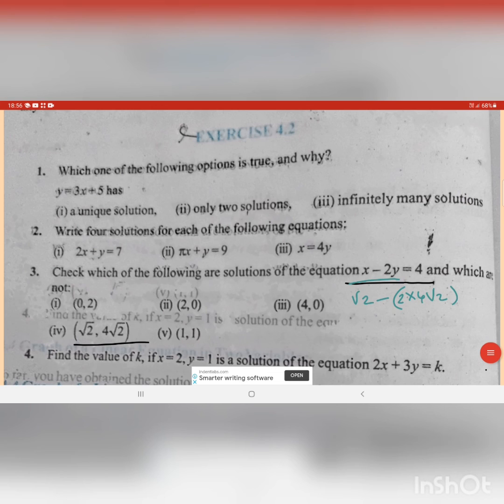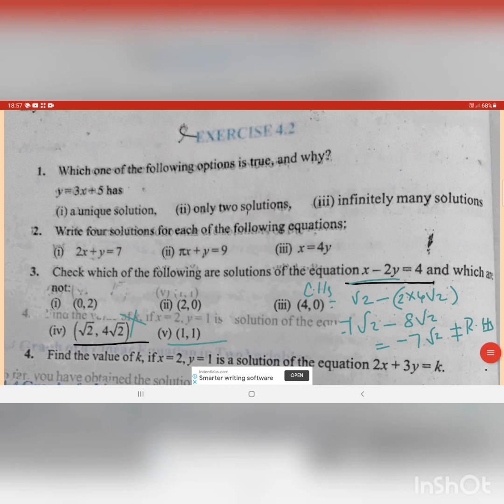LHS equal to root 2 minus 8 root 2. 1 root 2 minus 8 root 2, that is minus 7 root 2, not equal to RHS. Hence, it is not a solution. So, this is also not a solution.